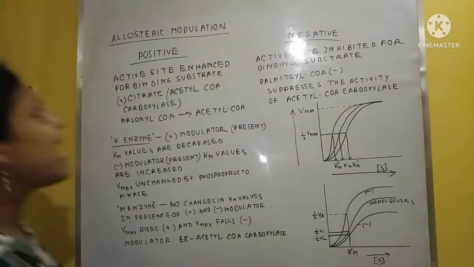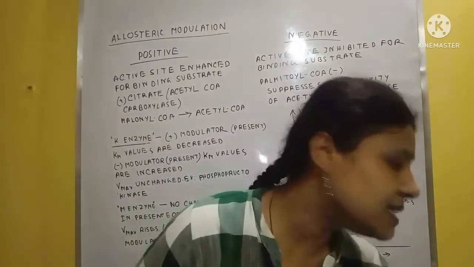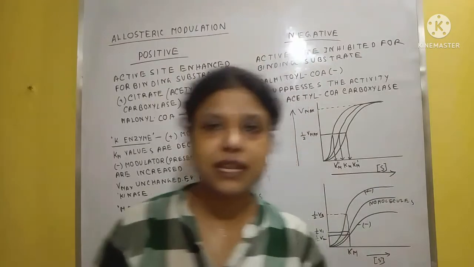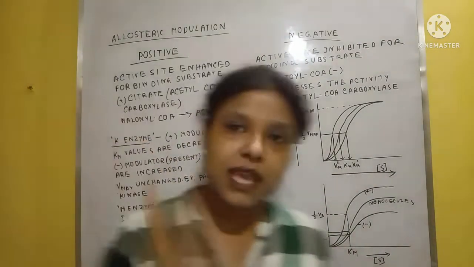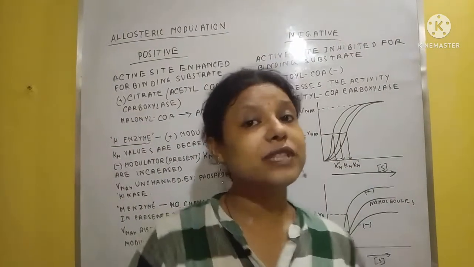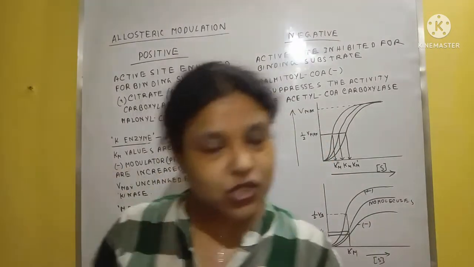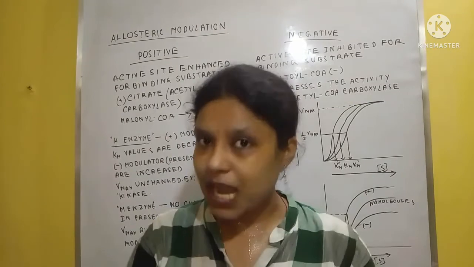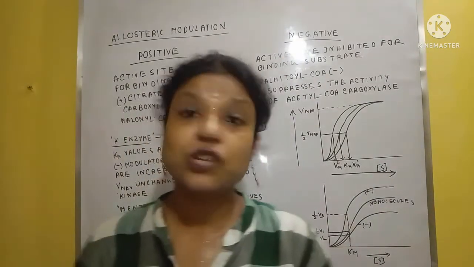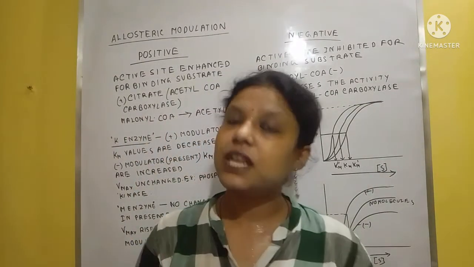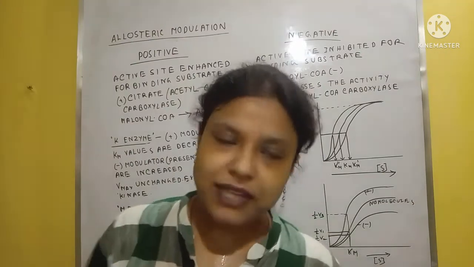So this is the allosteric modulation. And what is the allosteric regulation in case of enzyme? It is very important for binding with the enzyme because it changes the conformational structure of the enzyme, and that helps for the binding of substrate. Not only one substrate; more than one or two substrates can bind.